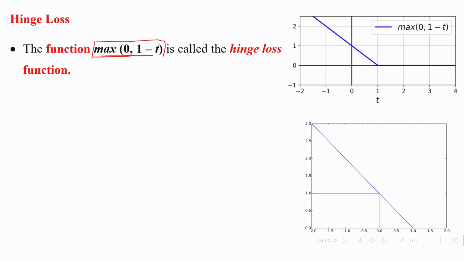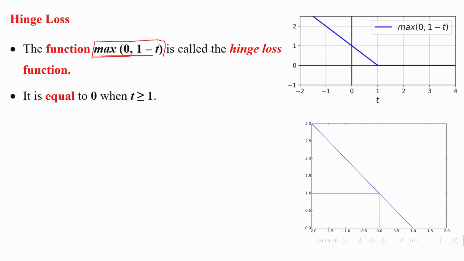This function, max of 0 comma 1 minus t, is called the hinge loss function. It is equal to 0 when t is greater than or equal to 1.